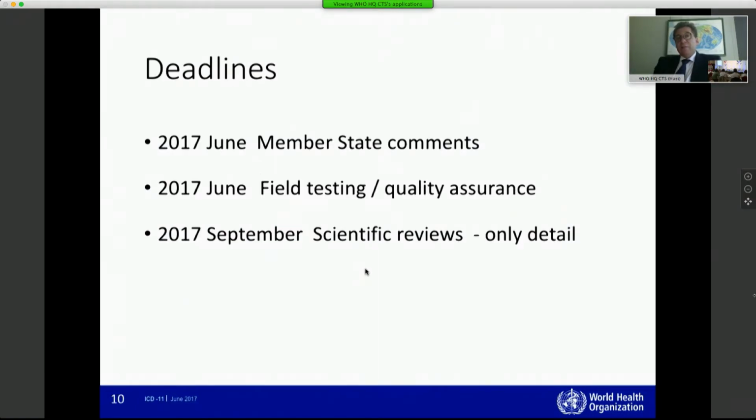And this clearly means that we have deadlines, as said earlier in the meeting, by end of June for the member state comments. We have some detailed field testing that may move bigger chunks that is due by end of June. And then we will have input coming from scientific reviews and testing in September, but there we can change detail. We cannot rechange the structure.